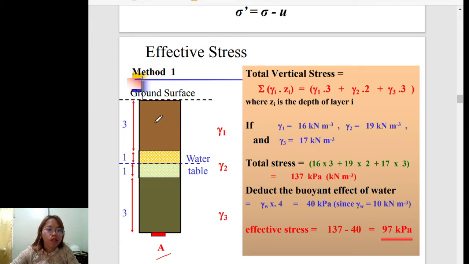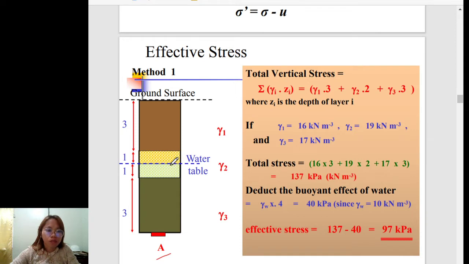This type of soil has a unit weight of gamma sub 1. And this part is actually the same soil. The difference is that there is a water table here, while here there is none. But it has the same unit weight, which is gamma sub 2.